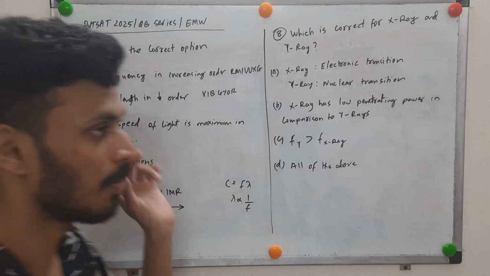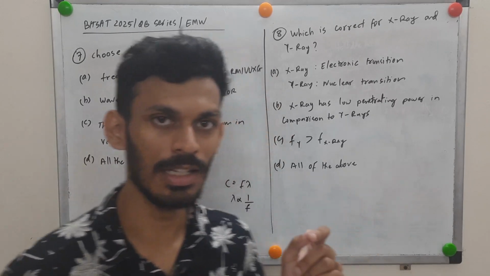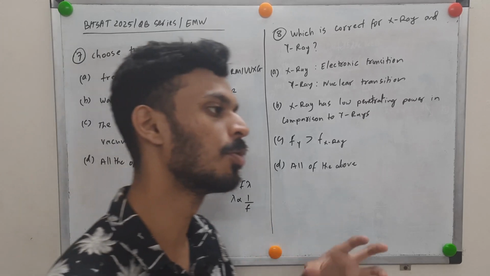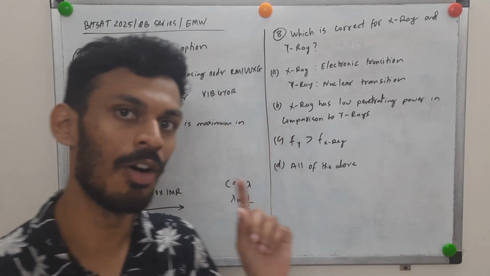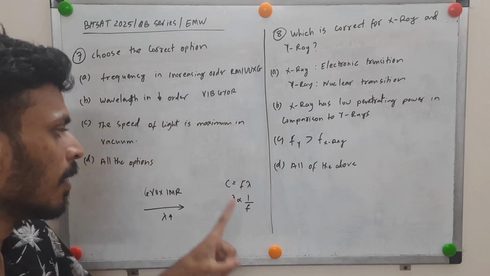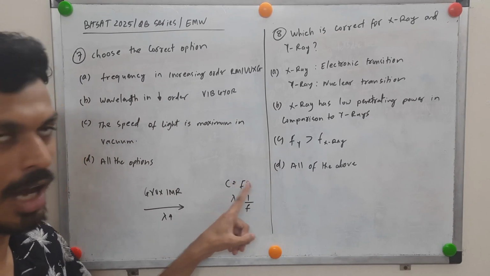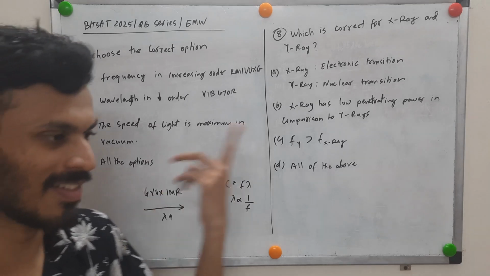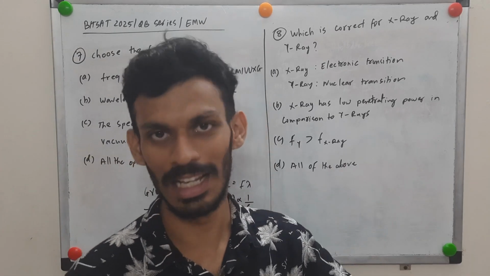In the previous case, we had the same frequency because the wave was traveling through two different mediums. Here we are speaking of one medium, so C is the same and these two are inversely proportional. If wavelength is increasing, frequency will decrease.